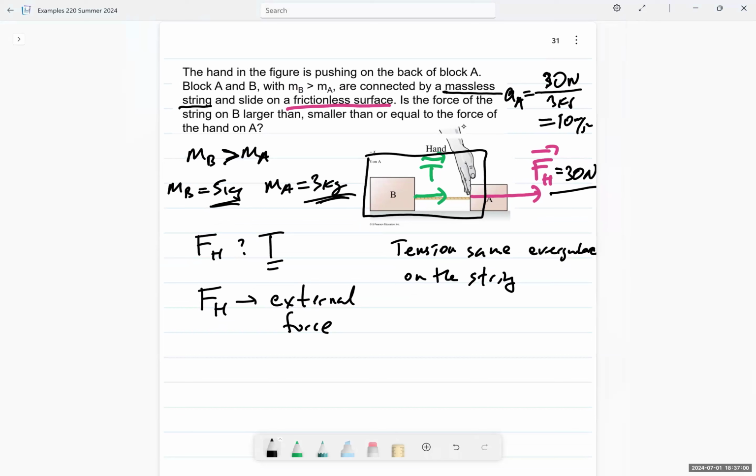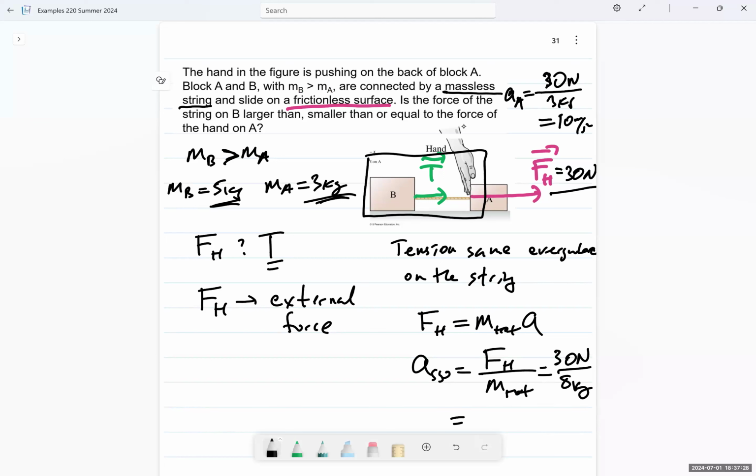So F_H equals total mass times acceleration of the system, and I can calculate the acceleration of the system as external force F_H divided by total mass. So this will be 30 newtons divided by 8 kilograms.